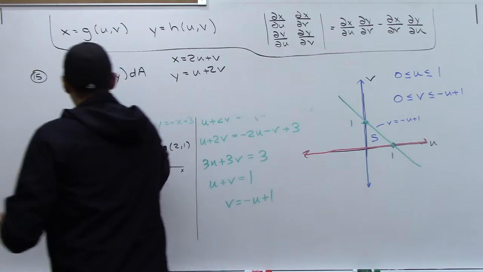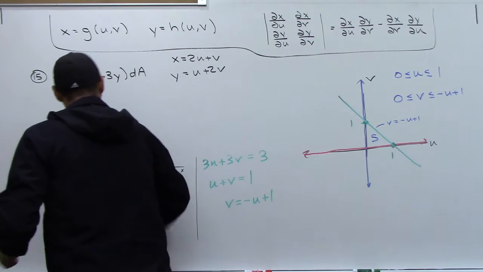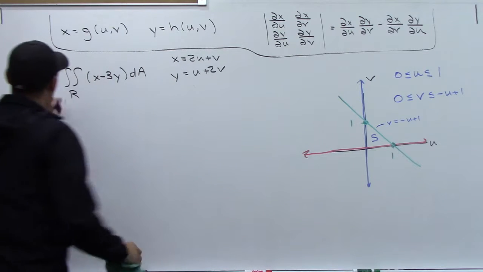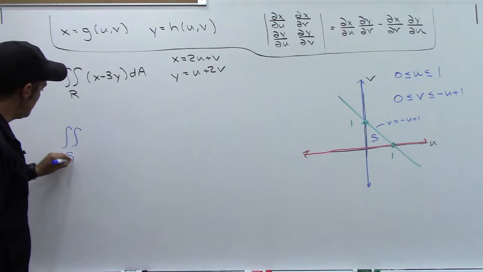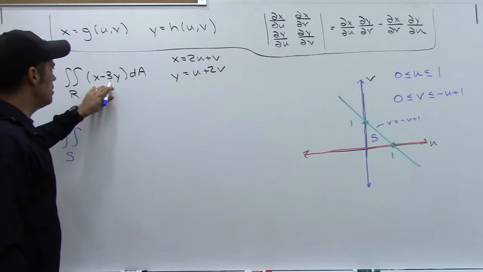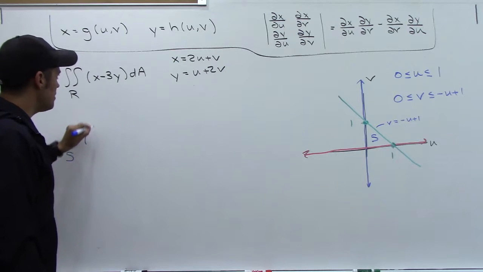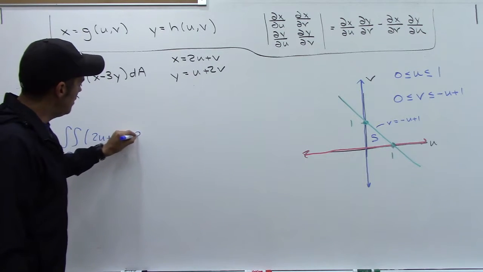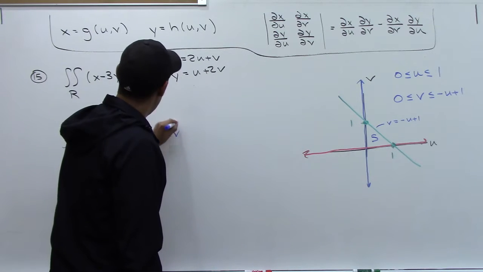What I need to do now is convert the double integral. For this double integral, it's going to go from integrating over R to integrating over S. It'll be this function with this substitution in it. So it'll be x, which was 2u plus v, minus 3 times y, which was u plus 2v.